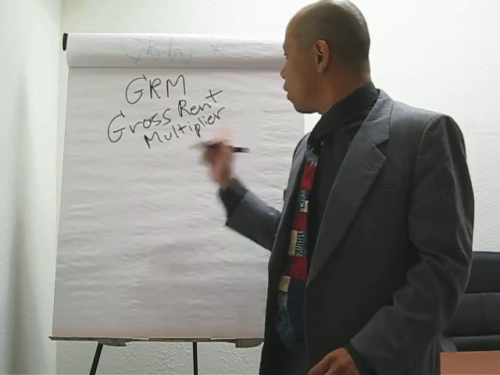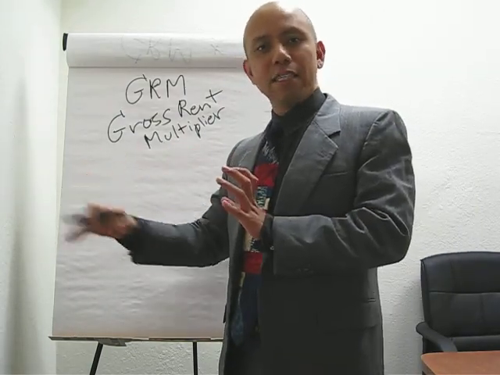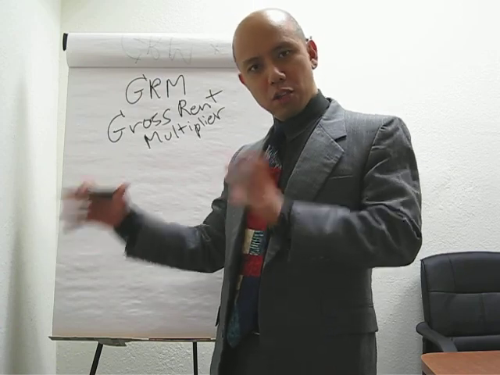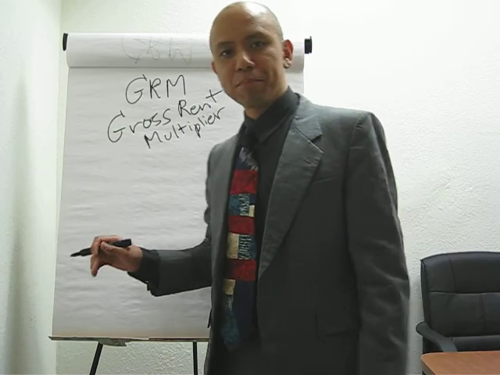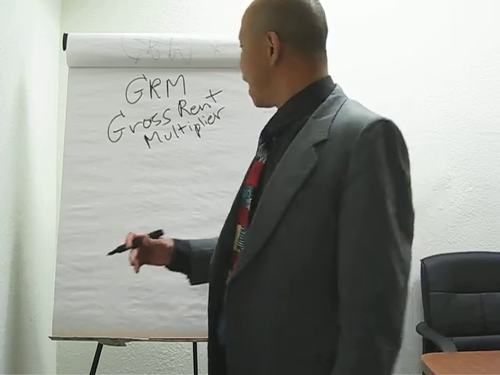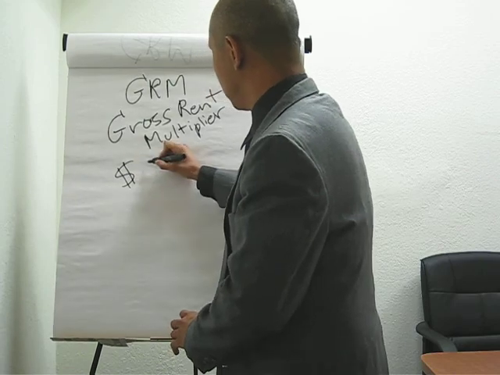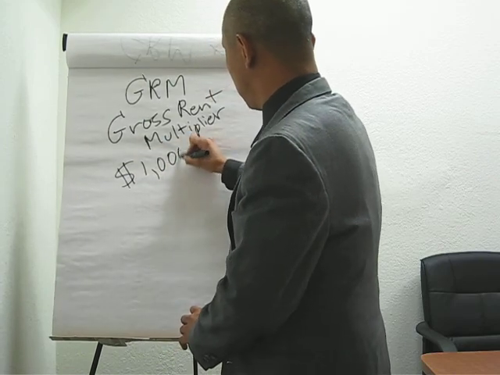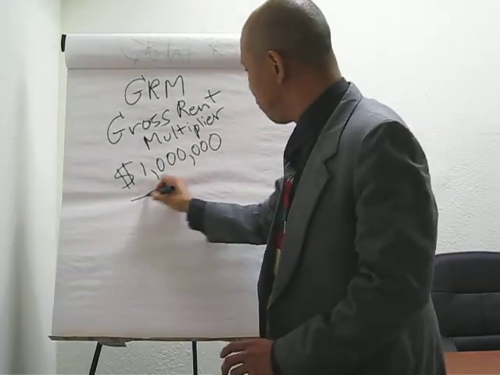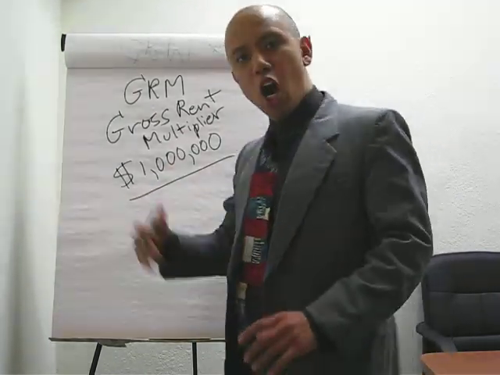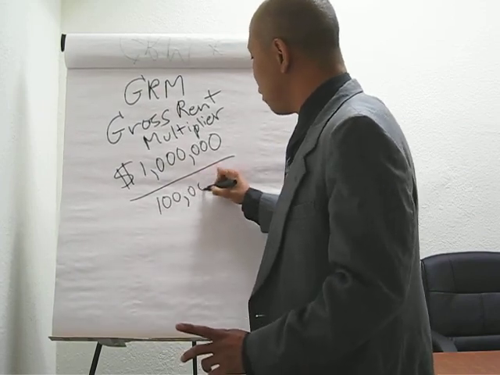But basically, what this is, it's a ratio between the value of a property divided by the gross rents, the annual rents collected for a particular property. So for example, if you have a property that is valued at $1 million, and every year it spits out $100,000 of income specifically from the rent.